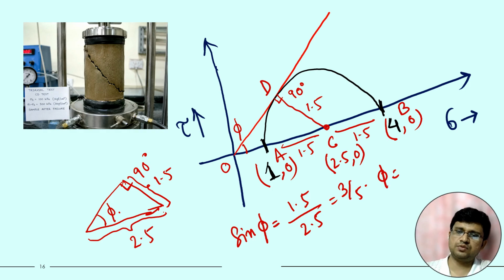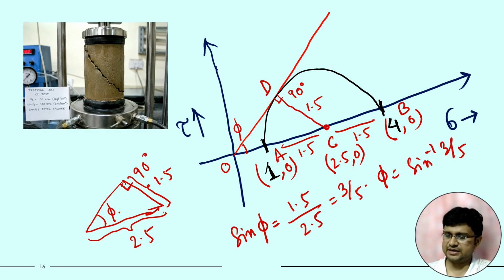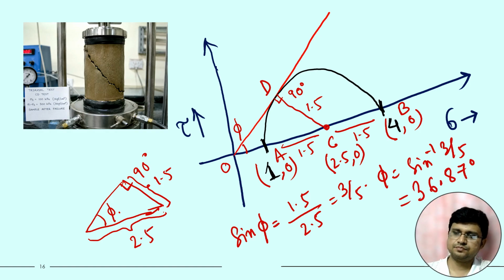So phi will be sin inverse 3 by 5, which is 36.87 degree. So this is the value of phi.